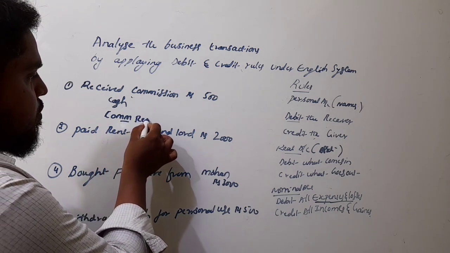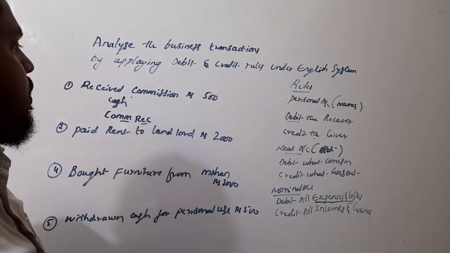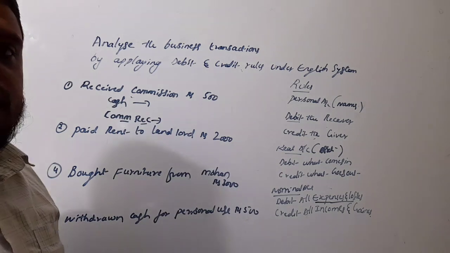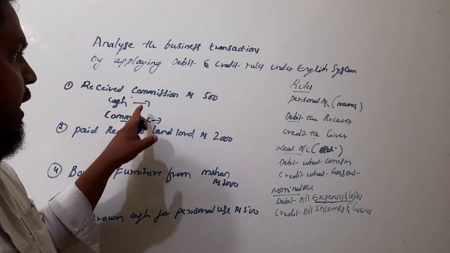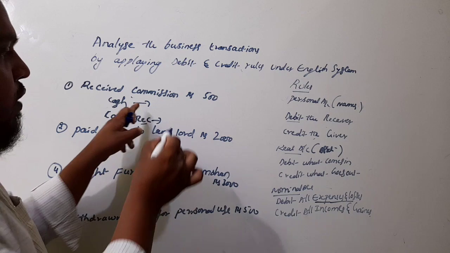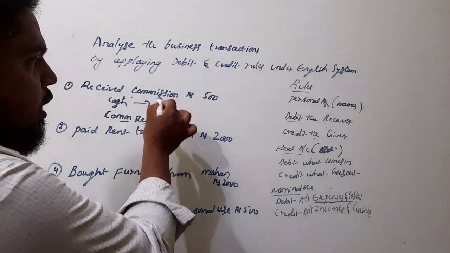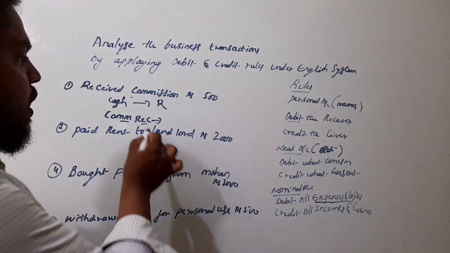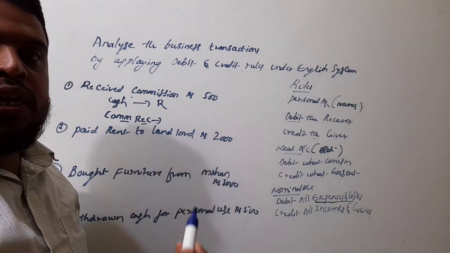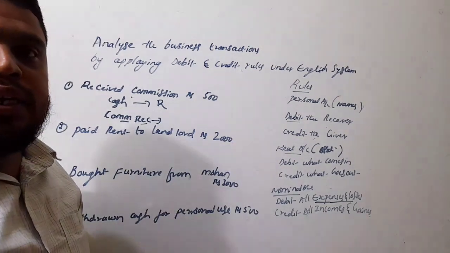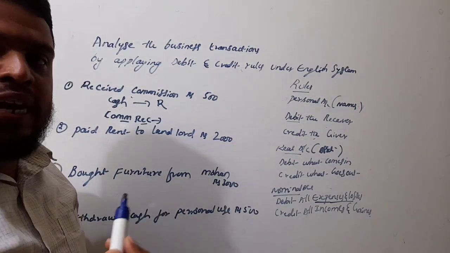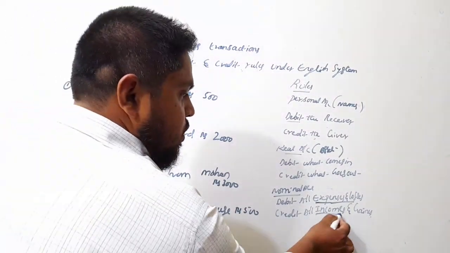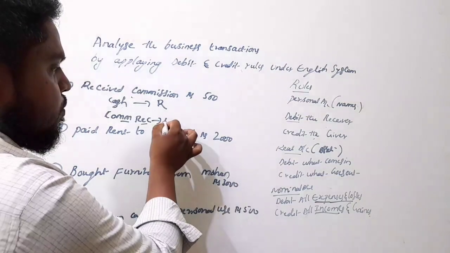You know, cash is an asset, so assets come under a real account. Commission received, like interest and dividend, is an income. So income comes under a nominal account.